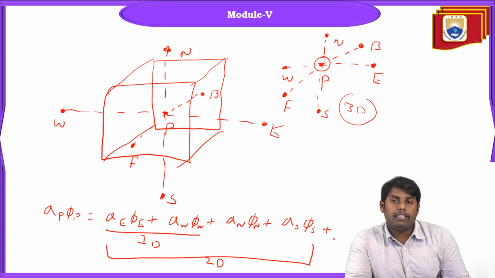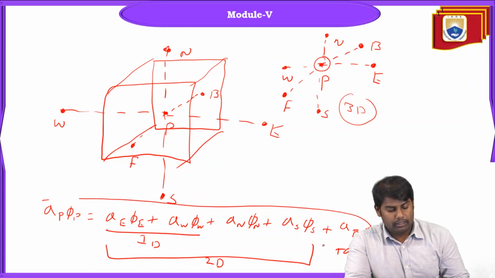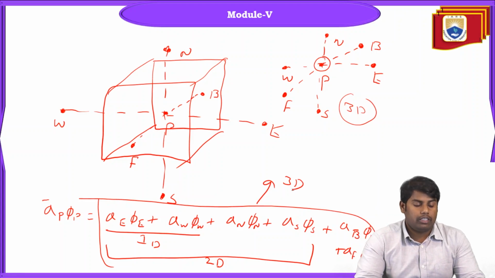Whatever additional thing we are doing, we have AB phi B plus AF phi F. This total thing comes under 3D. So that is the difference. Fine. So we have 1D, we have 2D, we have 3D.